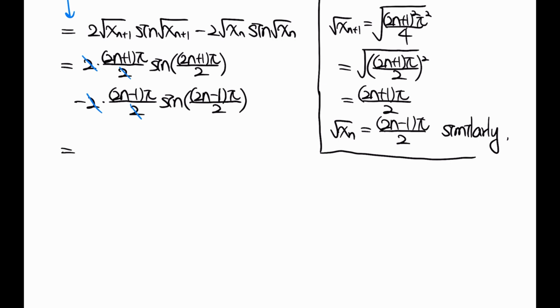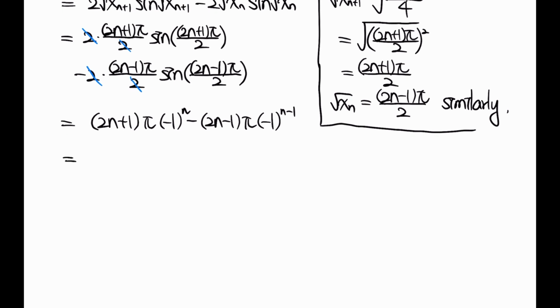So the first term is 2n plus 1 pi times negative 1 to the nth power. And similarly, sine of 2n minus 1 pi over 2, from plugging in some specific values of n, is equal to negative 1 to the n minus 1 power. So the second term becomes minus 2n minus 1 pi times negative 1 to the n minus 1 power.